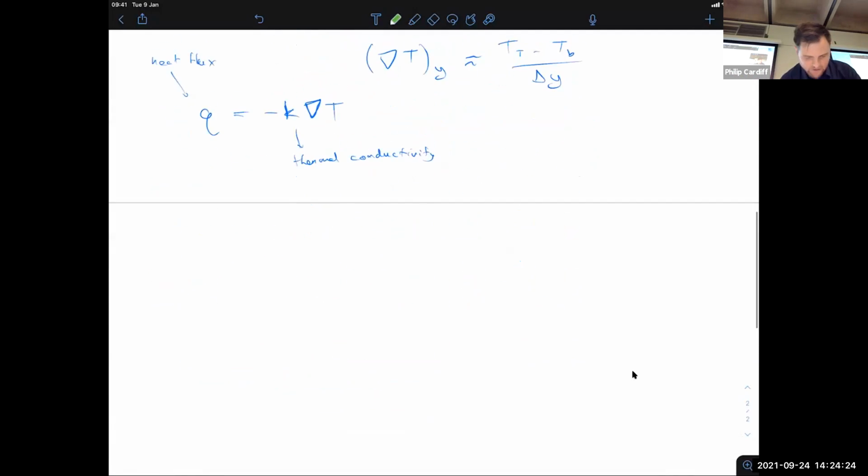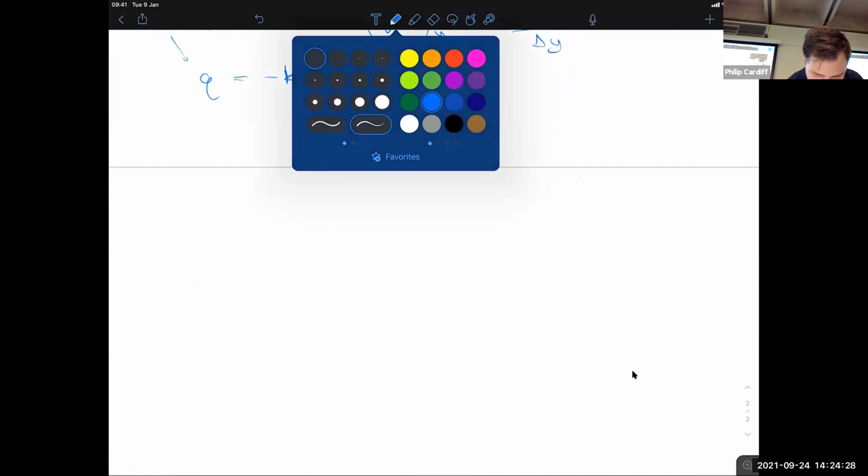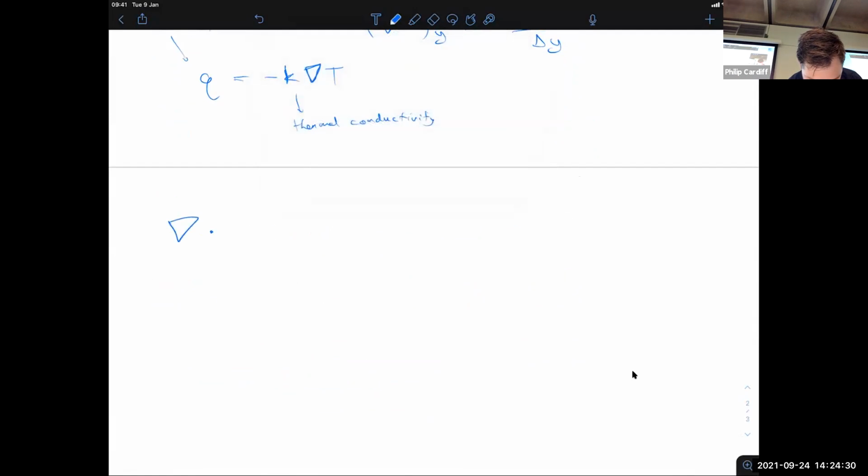But what about the divergence? So if Q is a vector, e.g. heat flux, and sigma is a tensor, e.g. stress. If you take the divergence of a vector, you get a scalar.